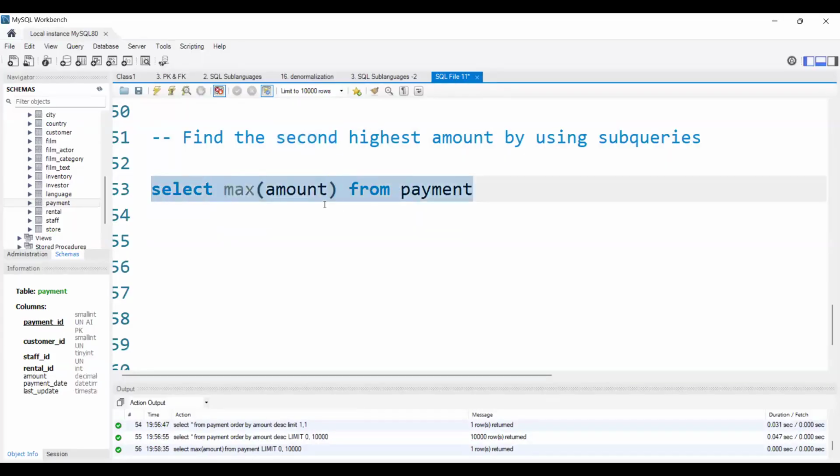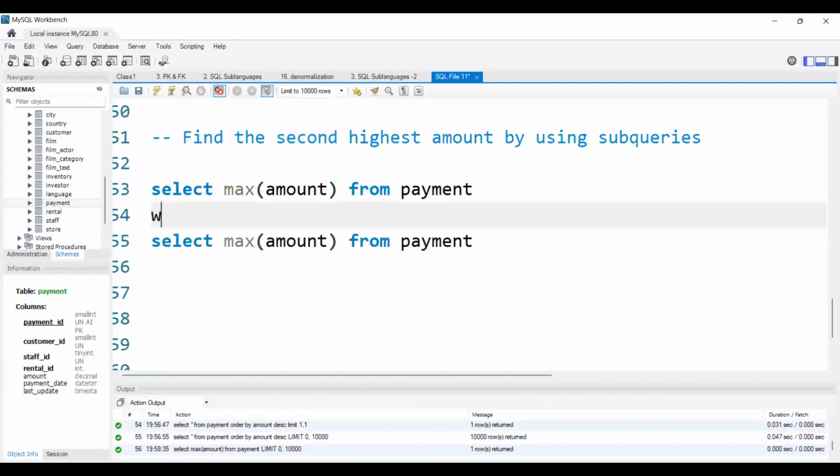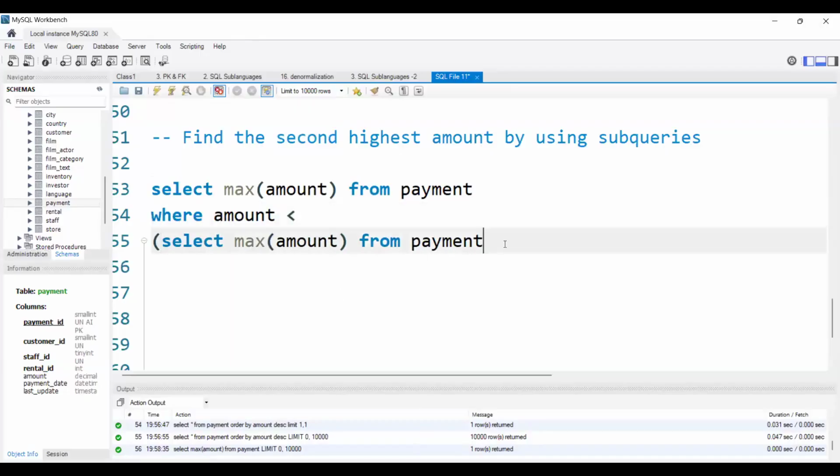Now what I need to do here: I will write this as my inner query. Basically I will use these two statements two times. I will say WHERE amount, what I need to write here, less than. I will write this one inside the inner query.